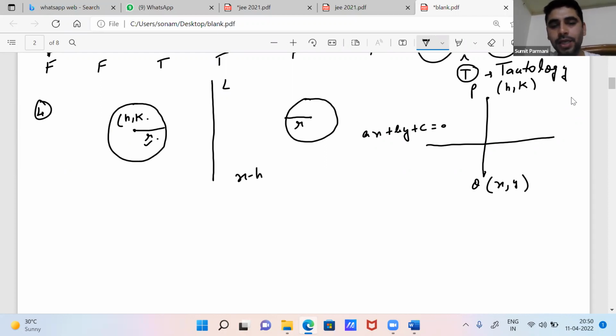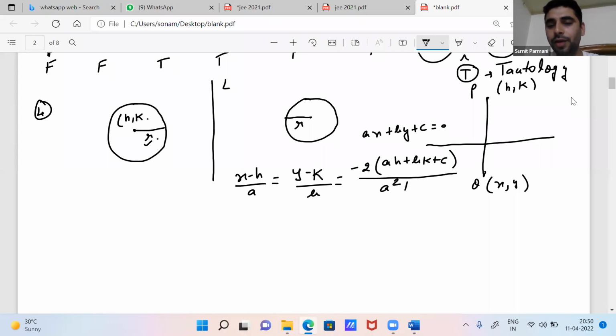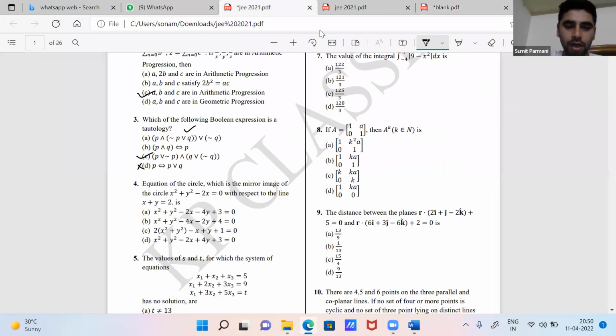Formula is (x minus h) by a is equal to (y minus k) by b is equal to minus 2 times (ah plus bk plus c) divided by (a square plus b square). Okay, so this is a general concept that I have taught you.